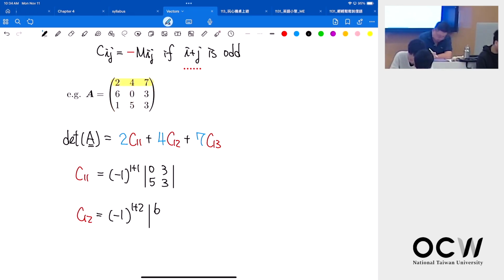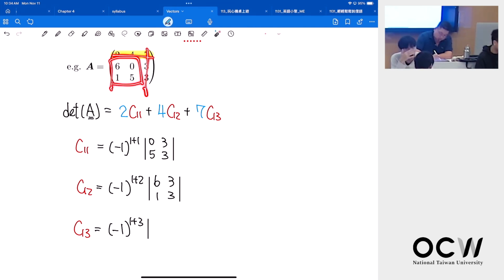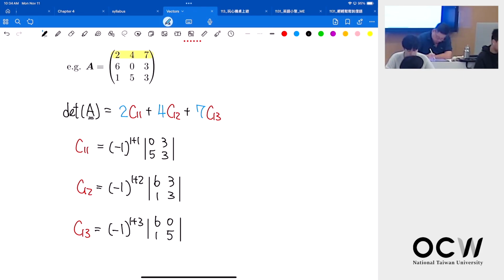So 6133. And C13: minus 1, 1 plus 3, 6105. And finally you'll get the determinant is 120.